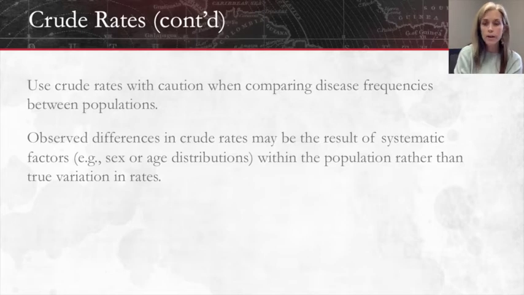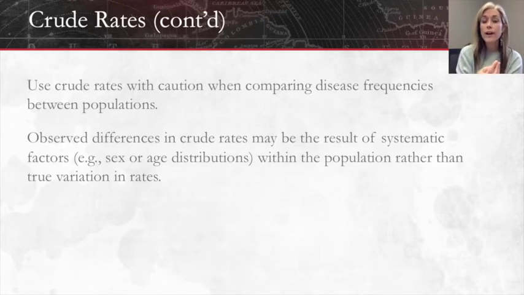So when you're comparing populations, is it really fair to compare the United States to Uganda? Is it really fair to compare Iceland to Thailand? You have to look at age composition, you have to look at socioeconomic composition of the population.